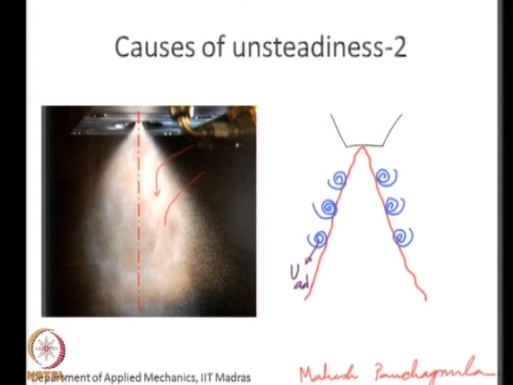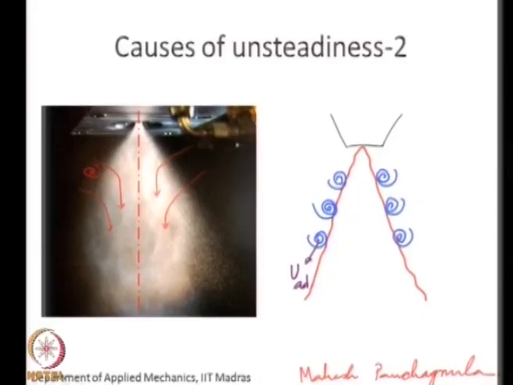So, these are representative streamlines, and these representative streamlines cause a vortical roll up. I mean, the entrainment process causes vortices to be formed on the edge of this spray. It is just like the edge of any turbulent jet.